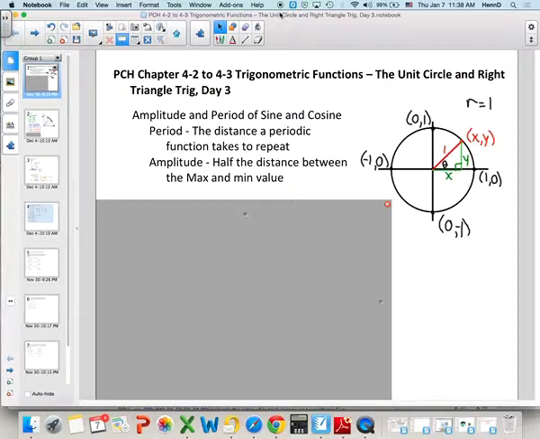Okay? Now, to start out looking at the graph, one thing we have to understand is that sine and cosine, and in fact all of our trig functions, are what are known as periodic functions. That means that when I'm looking at my angles on my unit circle, and I go around all the way, if I keep going, guess what's going to happen to the value of sine?